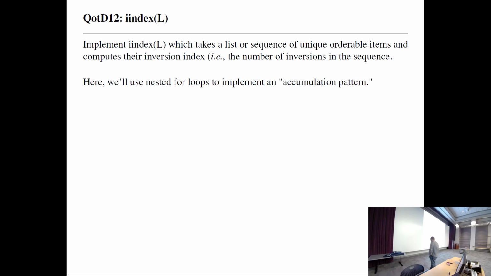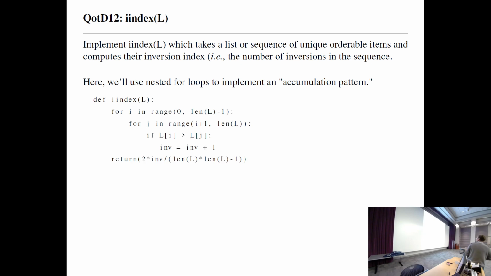So the idea here is to scan through the list, counting the number of inversions you see, and you're going to have to essentially scan every element and compare it against every other element. Now the key insight here is that I'm going to have to use two loops. One scans from the very first element up to but not including the last element.